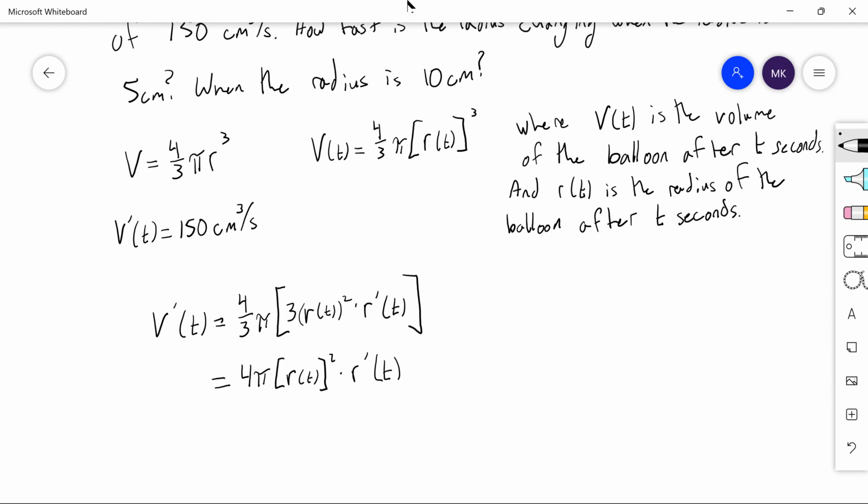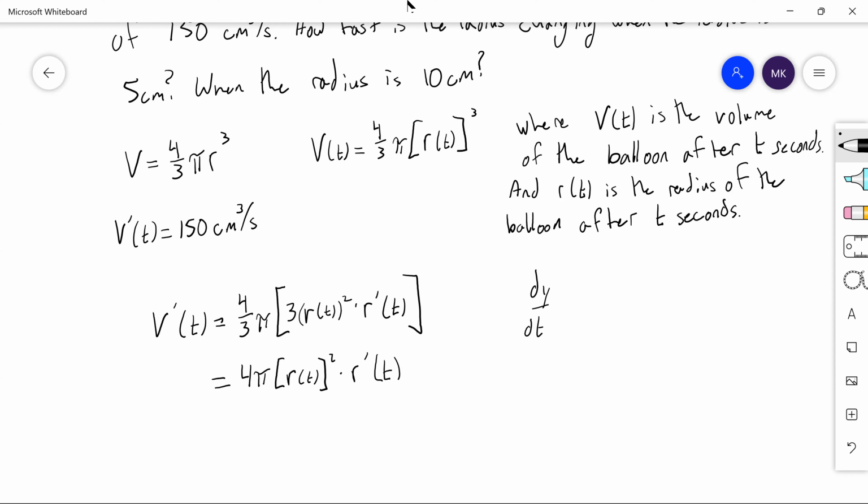So for this one, we wouldn't have any like dt over dx or anything. With the idea of implicit differentiation, right, when we did things like that, we'd end up with things like dy dt. That is like our V prime of t and our r prime of t.